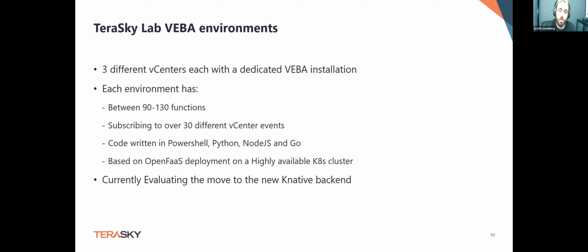And one of the nice things we've been able to do is we do have a lot of VRO workflows internally. And there was another great community contribution of a VEBA action or function that can actually trigger a VRO workflow for us. So we've used that as well, adapted it a bit to our needs, and we can run all of our VRO workflows via automation.